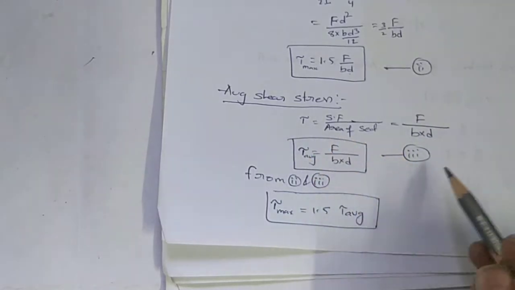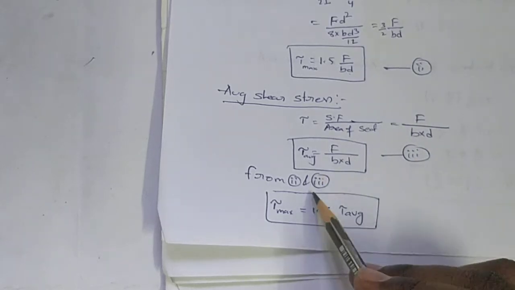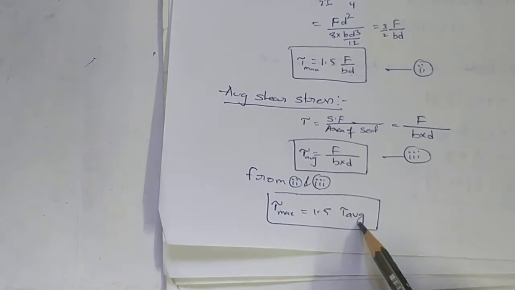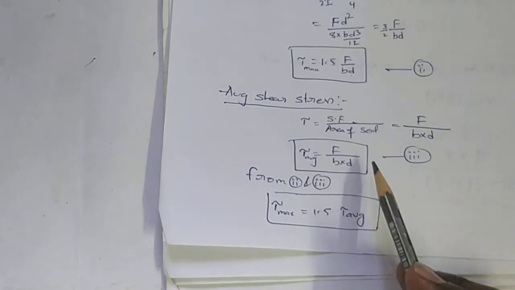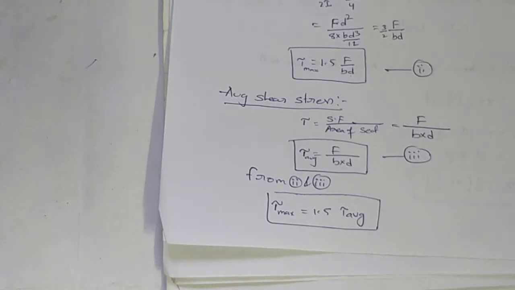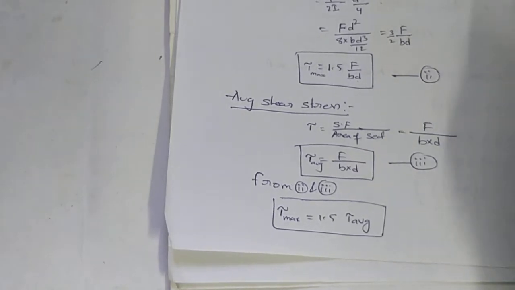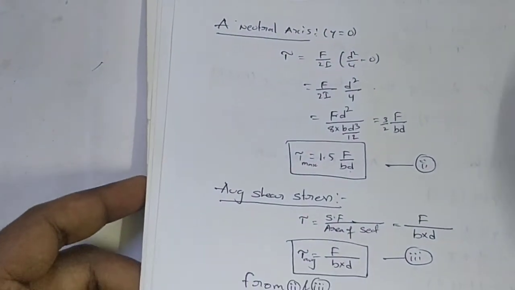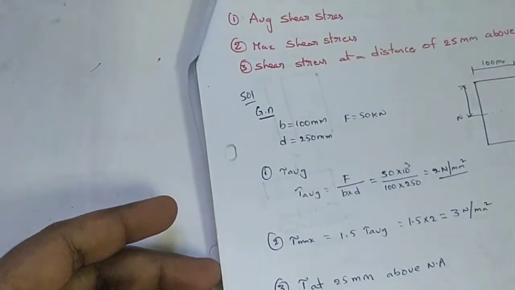It is the average shear stress. From 2 and 3, tau max is equal to 1.5 into tau average. It can be written as tau max is equal to 1.5 times of tau average. It is the shear stress distribution across the various sections.